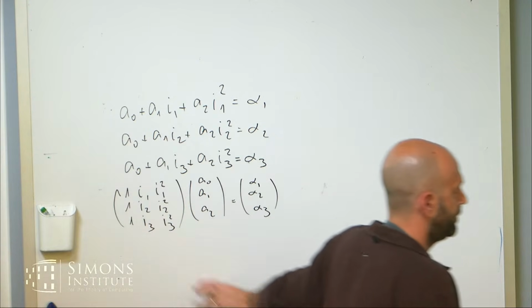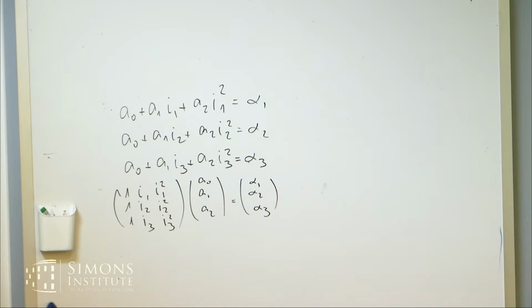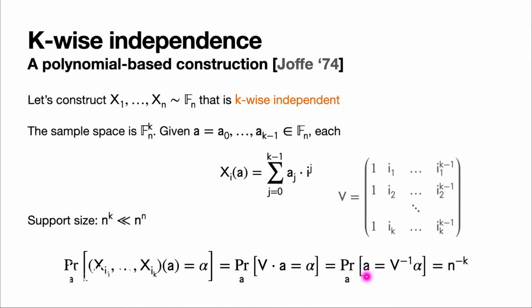Okay, so this is called the Vandermonde matrix, which is here. We know it is non-singular, so we can just multiply by the inverse and get just, what's the probability that A is any fixed k tuple? It's just n to the minus k.